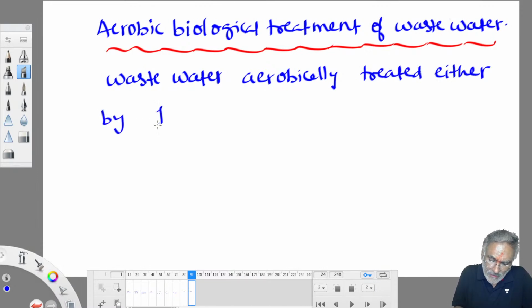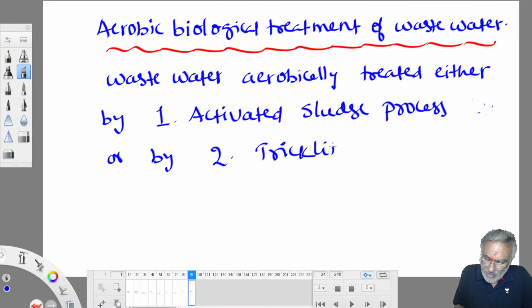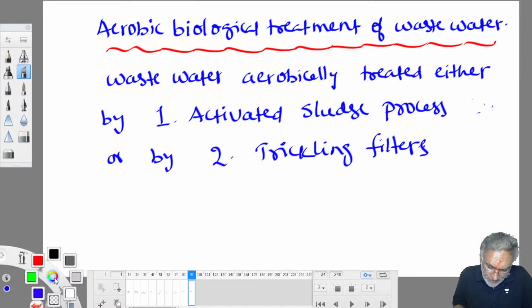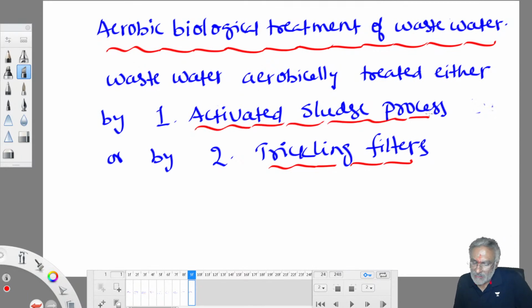Either by one, activated sludge process, or by trickling filters. Any one you can use, not both of them. You can use trickling filters, or you can also use activated sludge process. But at present, popular is activated sludge process.